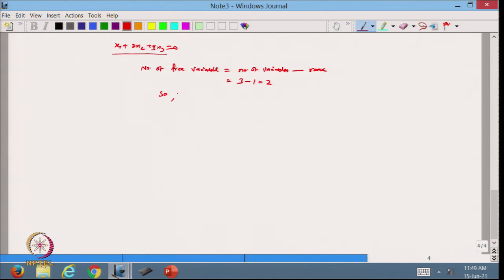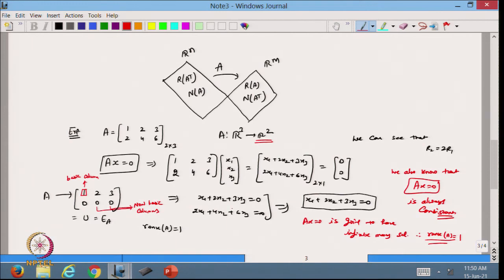So, we choose 2 free variables corresponding to the non basic columns. The non basic columns are the second and the third one.